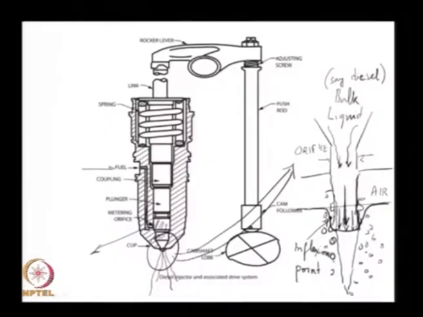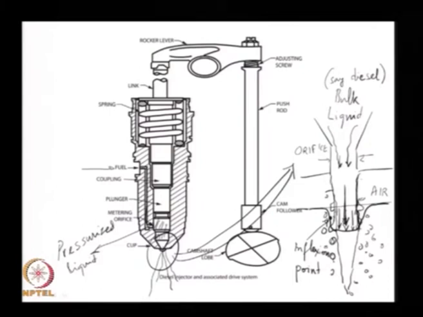So, this is the simplest form of an atomizer, where I have taken pressure energy in the liquid. So, the energy here is in the form of a pressurized liquid. That pressurized liquid allows some of the pressure energy to be converted into kinetic energy in the liquid when it accelerates through this passage, and that kinetic energy in the liquid, when it comes in contact with the air around, which is now at rest, creates this inflection point in the velocity profile between stagnant air here and fast moving liquid here.